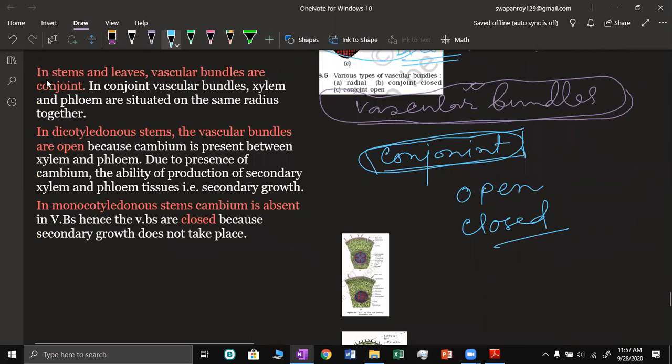Say, in stem and leaves, vascular bundles are conjoined. Xylem and phloem are situated on the same radius together. In dicot, the vascular bundles are open. In monocot, they are closed.